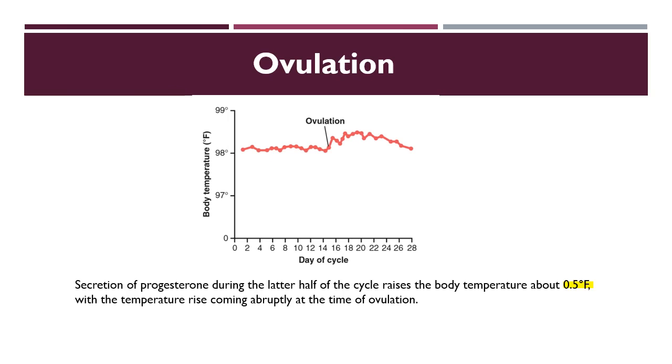And this is going to be an abrupt increase in the body temperature, which may indicate the occurrence of ovulation, and this is a method used by women to identify the ovulation day for conceiving purposes.